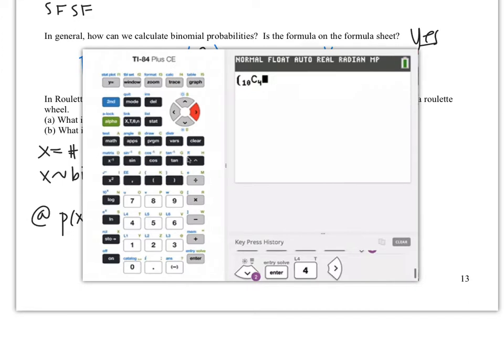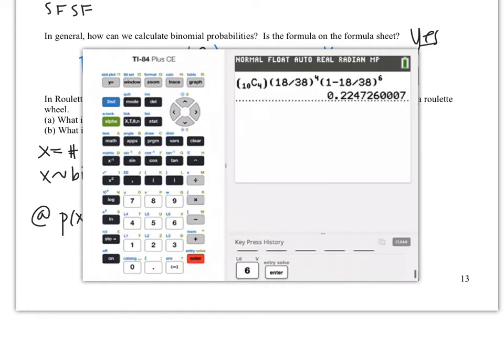Still follow along. End your parentheses, and then you're going to type in the rest like you normally would. So the 18 over 38 to the 4th power, again for your 4 successes, and then the 1 minus 18 over 38 to the 6th. So our answer ends up being about 0.225.